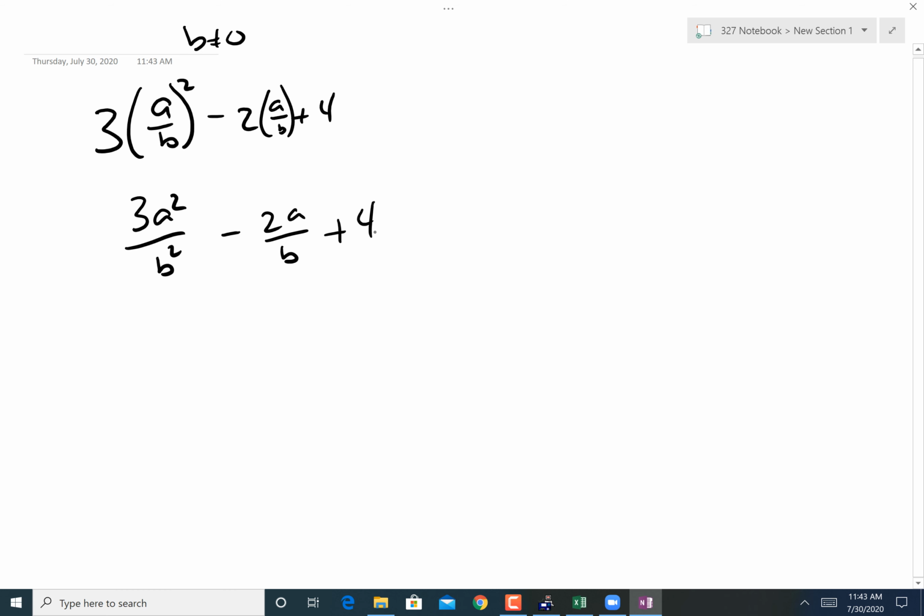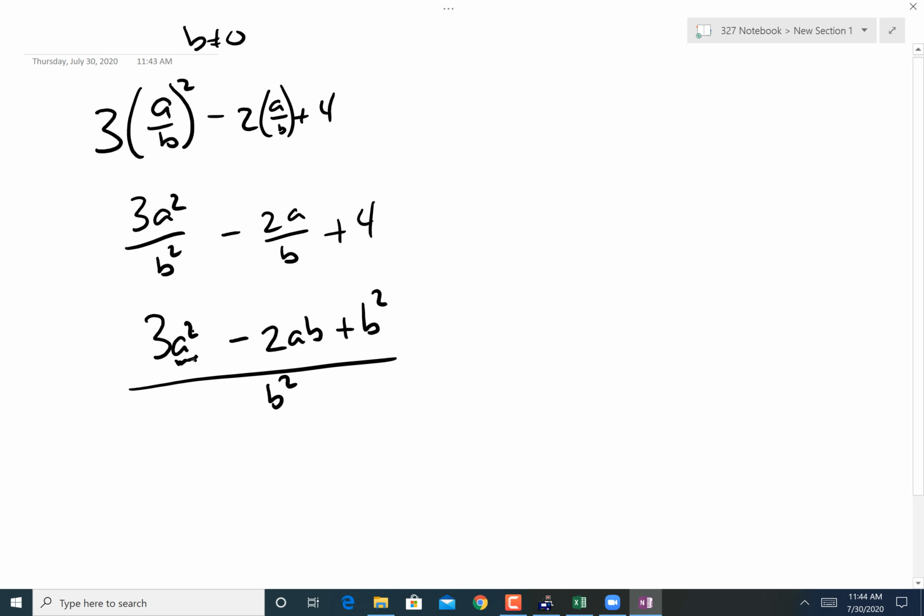Let's get a common denominator, shall we? By the way, I'm not sure that this is helpful or not. I guess we'll try it and see if I like it. Over b squared. Again, b still not 0. Same basic premise: a is an integer.